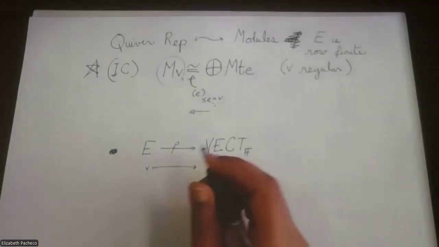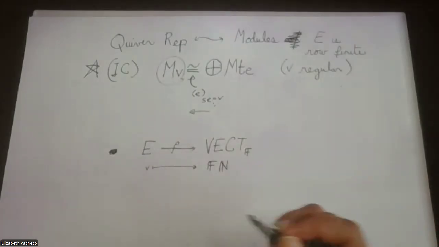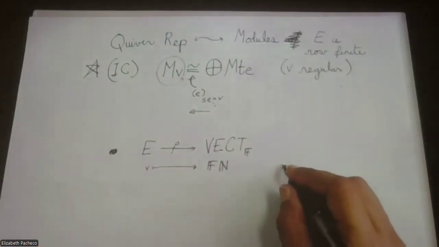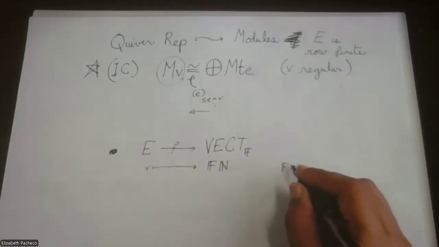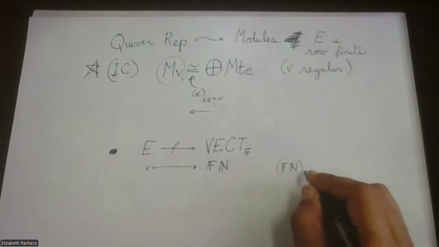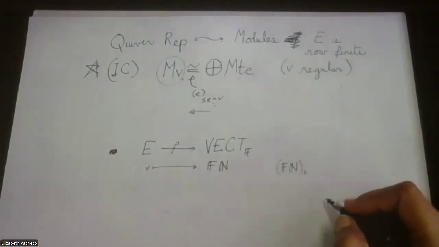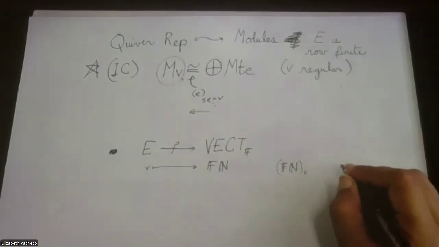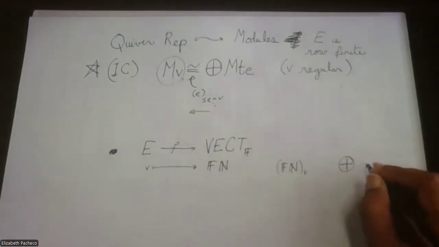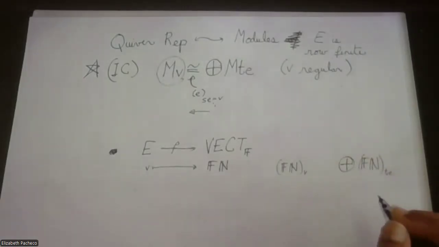And then what I have to do with my arrows is make sure that F_n assigned to vertex v, suddenly changing my notation over here, and over here F_n of t(e).